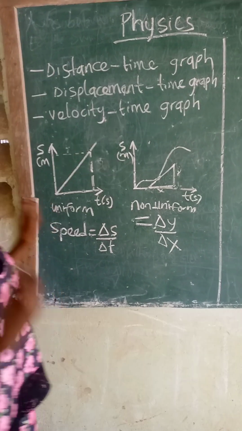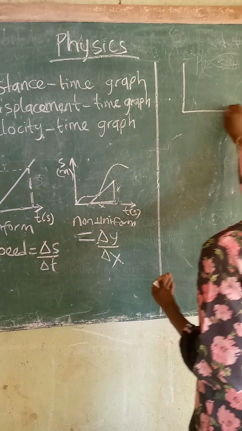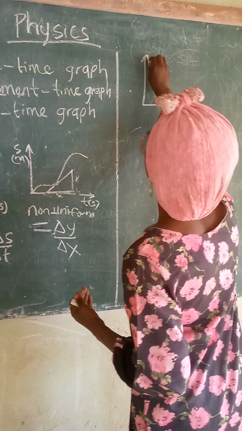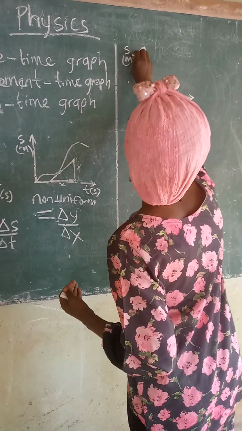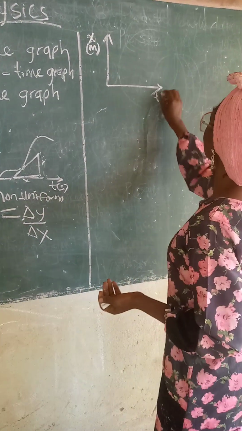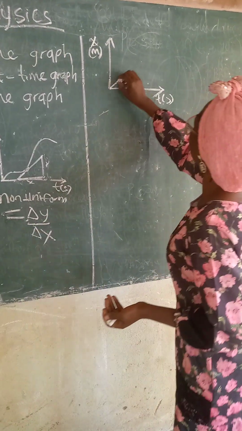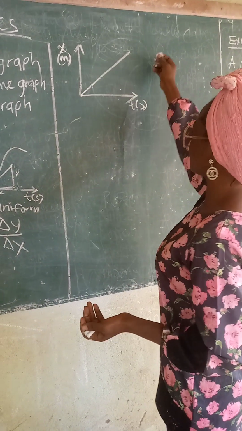Now let's check out the displacement time graph. It's similar to what we've just done. We have displacement in meters, usually denoted with x, then time in seconds. For a uniform motion, we have a linear graph still.